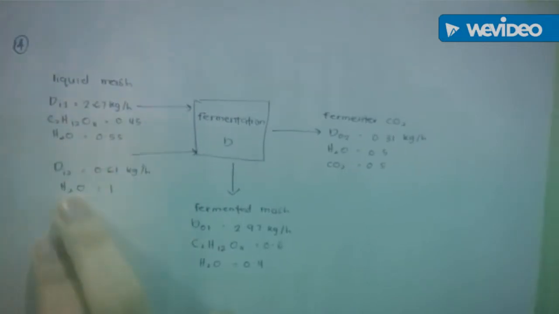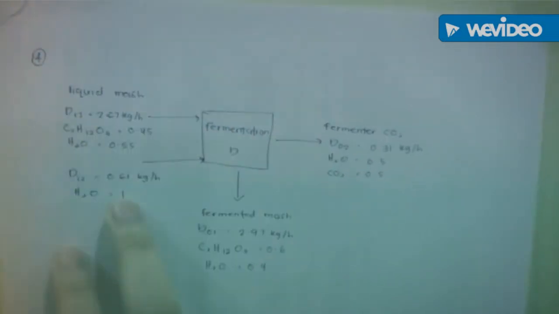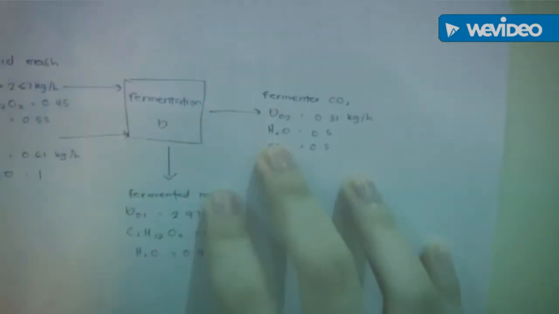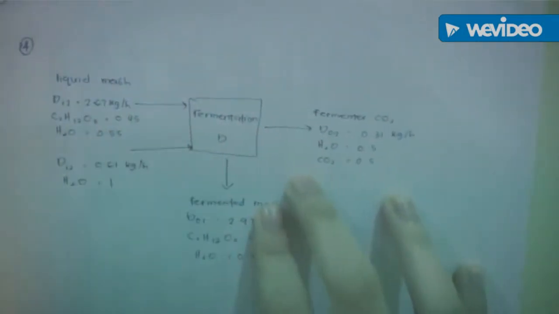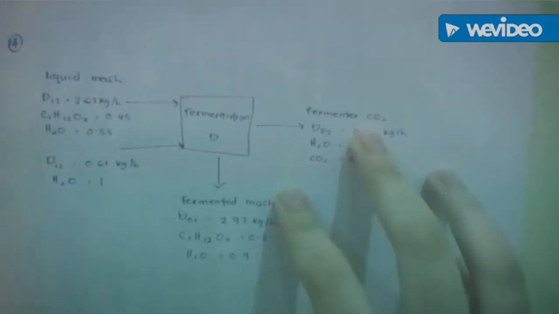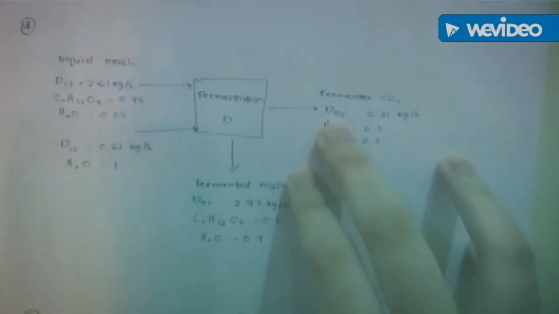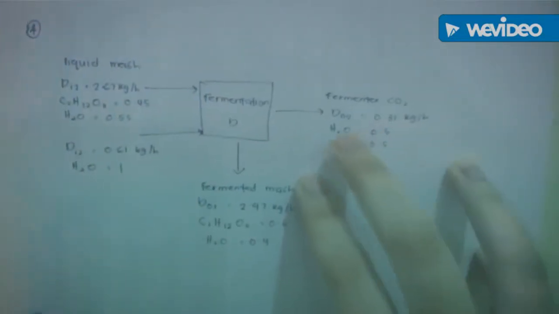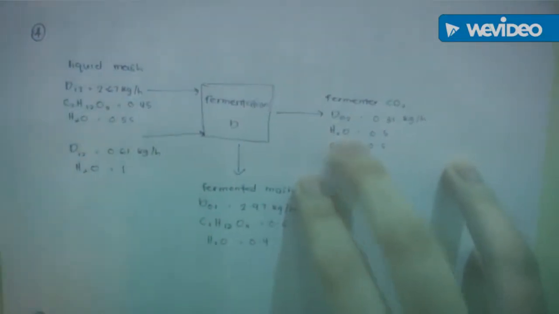while the second flow rate is 0.61 kg per hour with material balance water with value 1. The product that will go out from this process is fermented CO2 with flow rate 0.31 kg per hour.